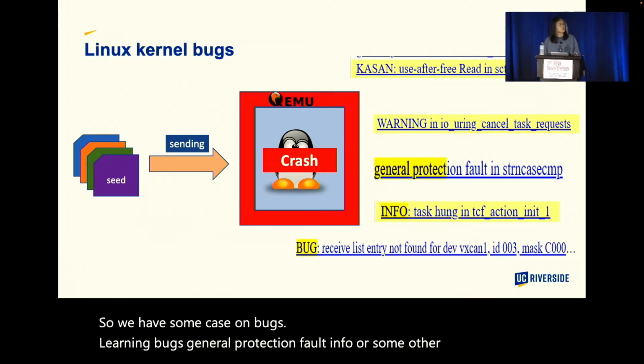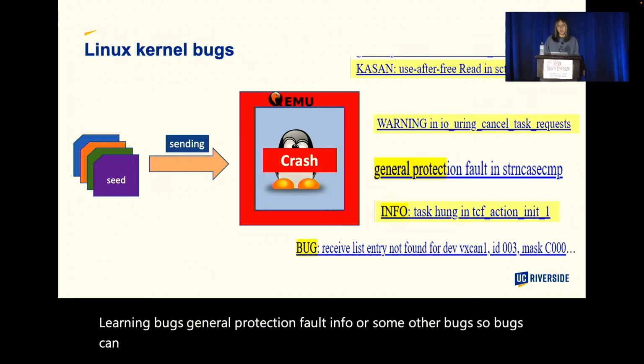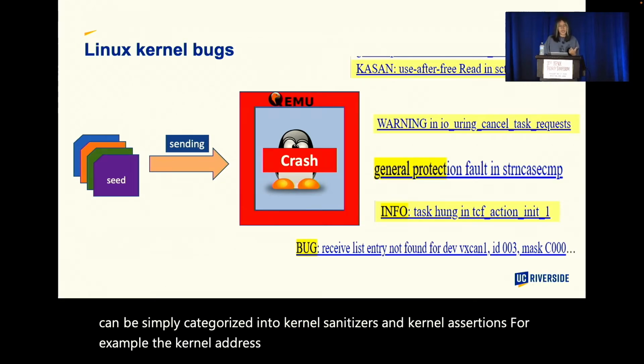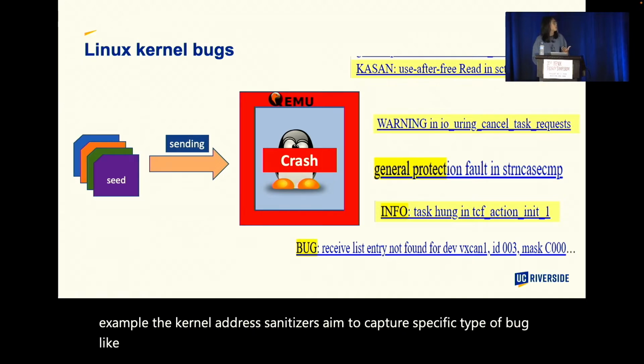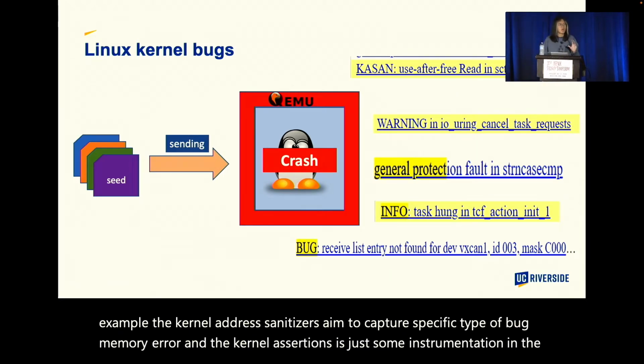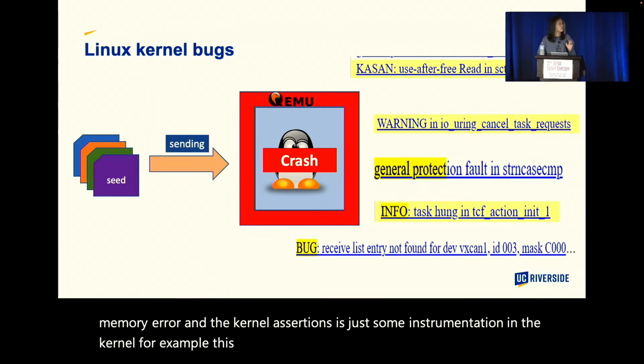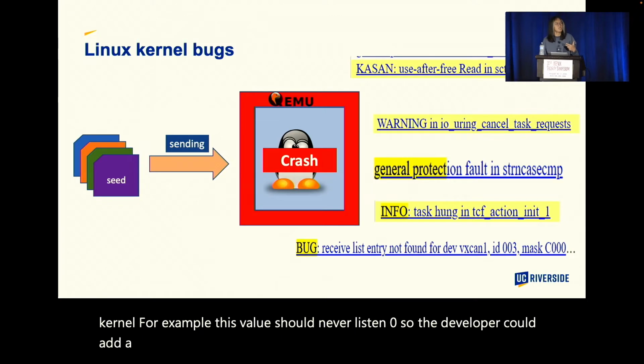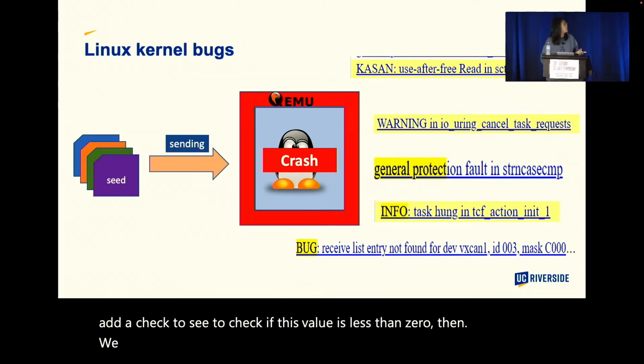Bugs can be simply categorized into kernel sanitizers and kernel assertions. For example, the kernel address sanitizer aims to capture a specific type of bug, like memory errors. Kernel assertions are just some instrumentation in the kernel. For example, this value should never be less than 0, so the developer could add a check, and if the value is less than 0, throw a warning.